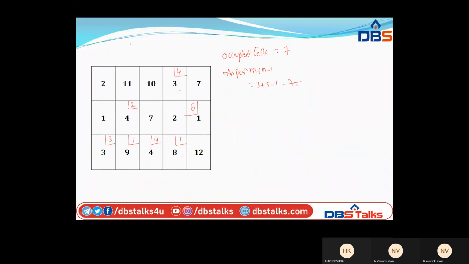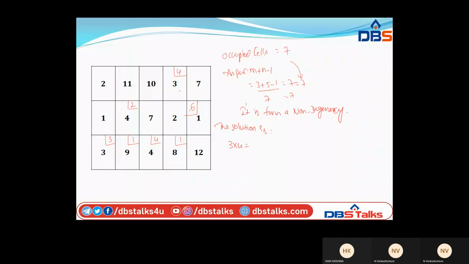So 7 equal to 7. This is 7, and occupied cells is 7. So it forms a non-degeneracy, and the basic solution is to calculate all the values.